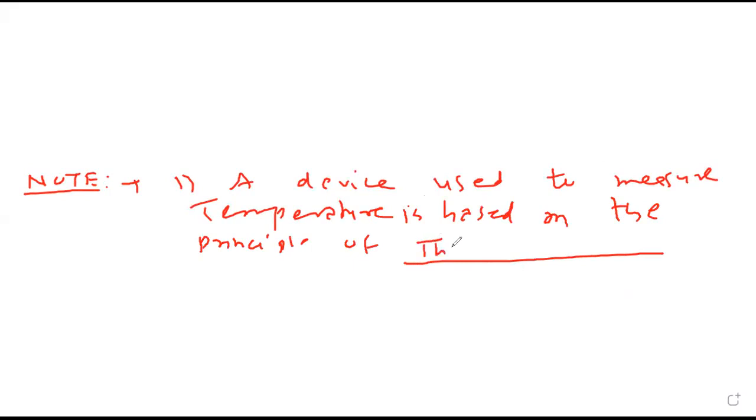Thermometry? No, that branch is called thermometry. The device is based on the principle called thermal equilibrium, and the device which measures the temperature is called a thermometer. This possibility is that it can be asked in the 11th exam. A device used to measure temperature is based on the principle of thermal equilibrium.